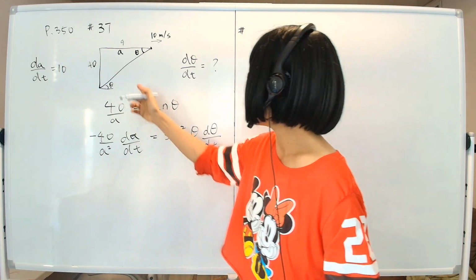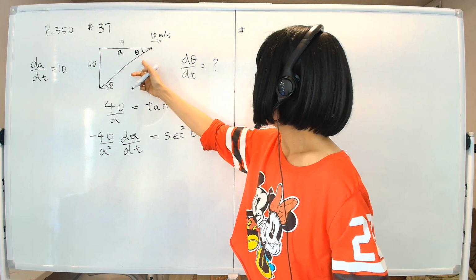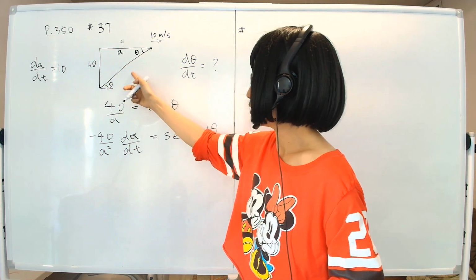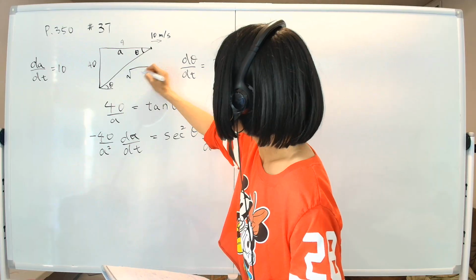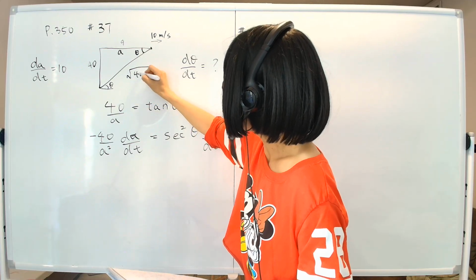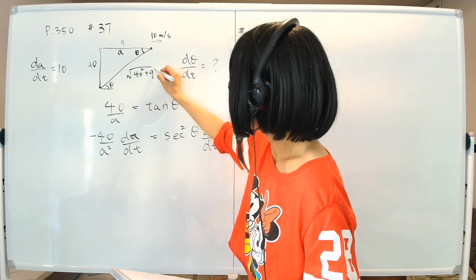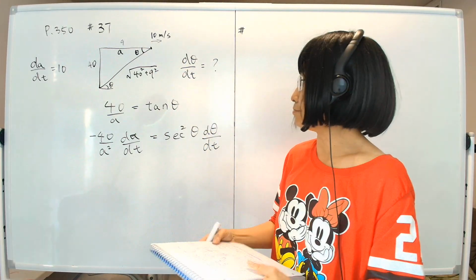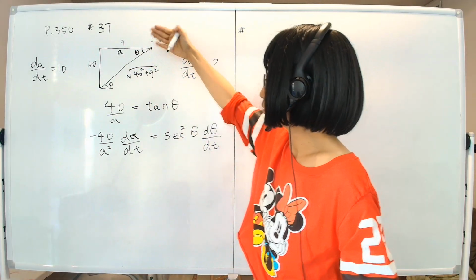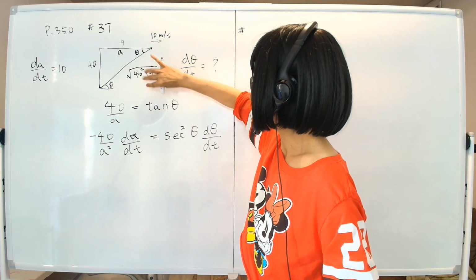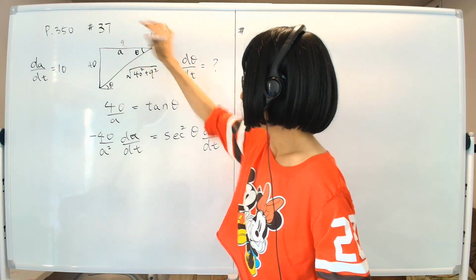What is secant squared? To calculate the secant, which is 1 over cosine, you have to find out this length. And this length is equal to the square root of 40 squared plus 9 squared. And so secant squared, secant is 1 over cosine, so secant squared equals hypotenuse over adjacent, squared.